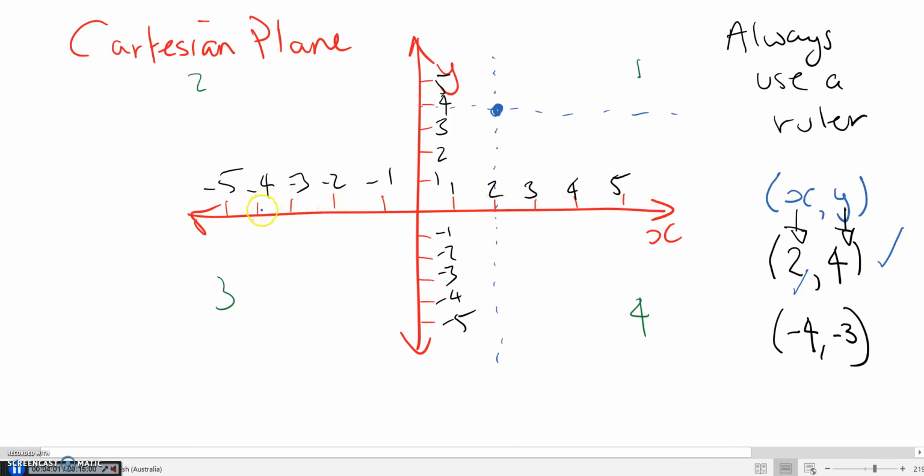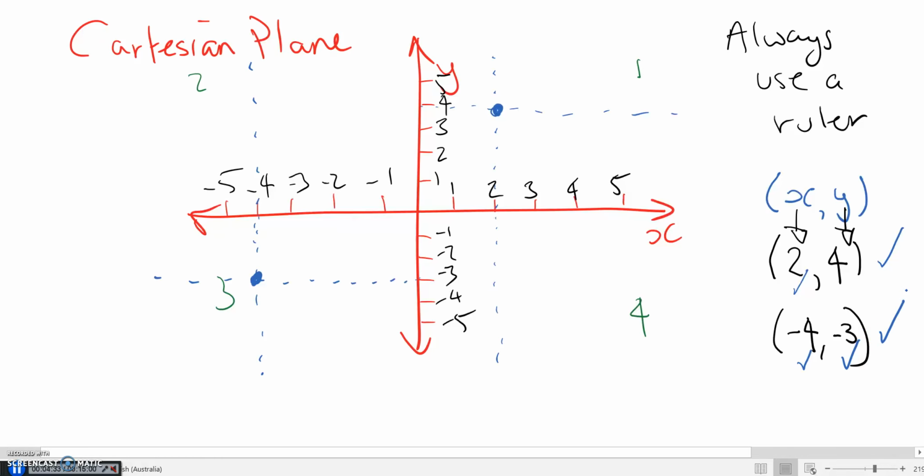So we find out for negative 4, and I'll do that one again, up and down. And then for our negative 3 on the y-axis, there's 3, so we're not going to do that one. We're going to do negative 3, which is here. And we dot that across until we find the next point there. Okay, so we've done this, and there's our 2 coordinate points.